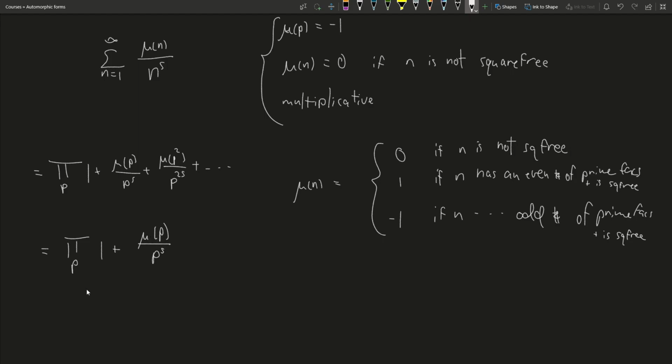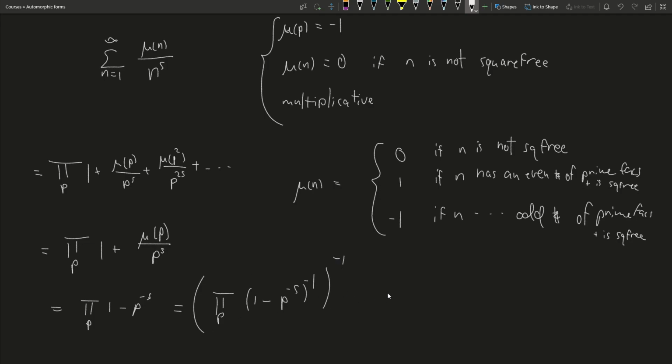And we also know the value of mu of p, right? It's minus 1. So this is a product over p of 1 minus p to the minus s. And this we can, in fact, just recognize as the product over p of (1 minus p to the minus s) to the minus 1, all to the minus 1.